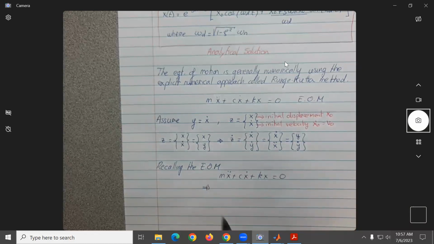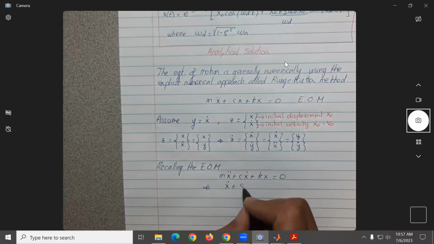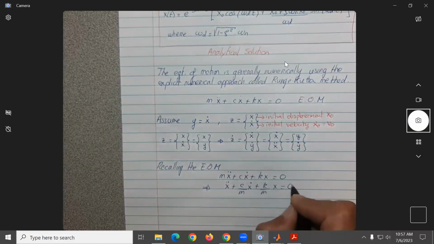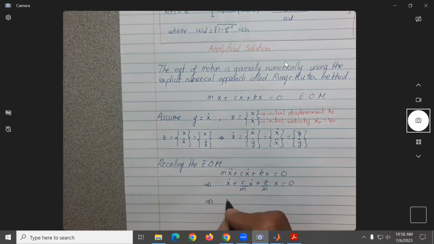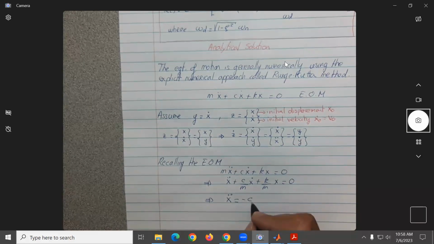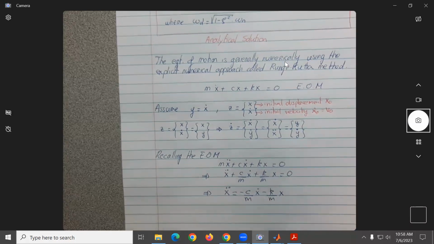I can divide everything by m, so it will be x double dot plus c over m x dot plus k over m x equals 0. Or I can rewrite this as x double dot equal to minus c over m x dot minus k over m x.